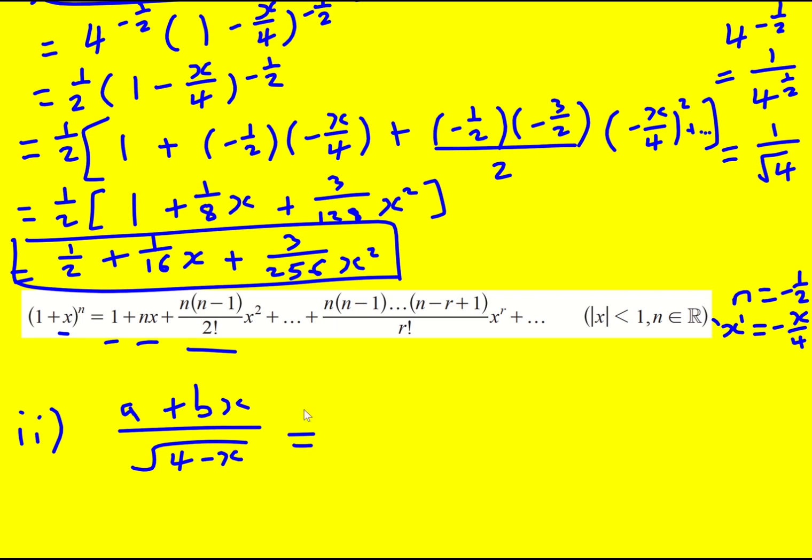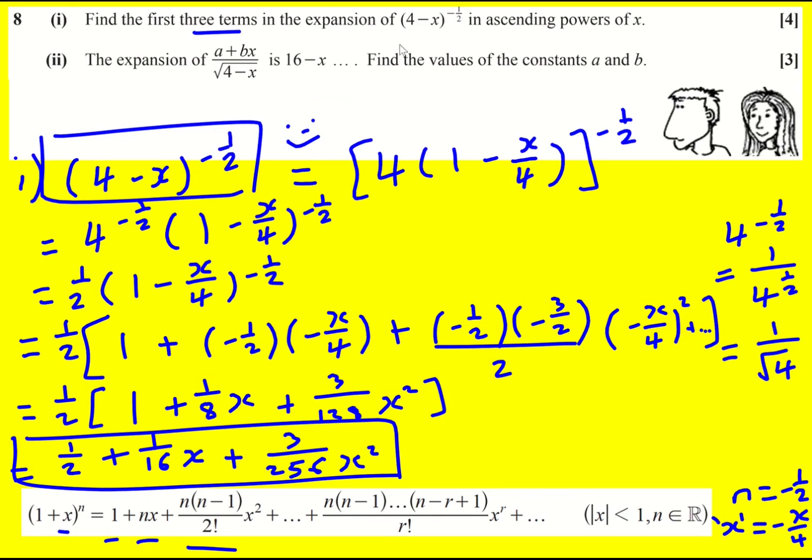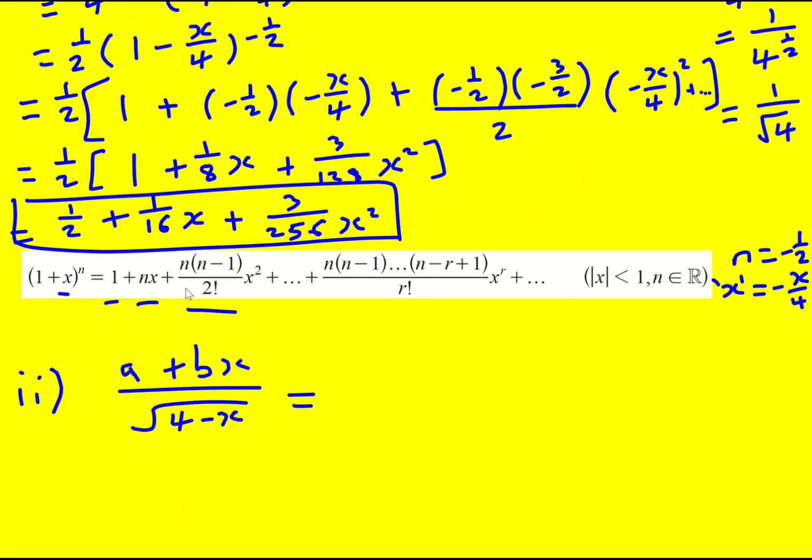Now, the first thing to note is that root 4 minus x looks very familiar because it is what we basically had in part 1. It's just there we had a minus. And that is the hint, really. You don't want to do a binomial expansion on the bottom, as it's tempting to do, but actually it's going to be a plus bx times 4 minus x to the power of minus a half.